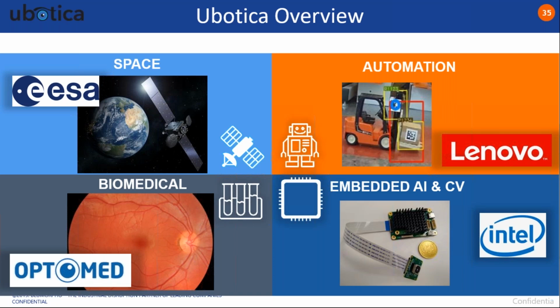We're involved in a number of missions. One is for Earth observation, where we're processing images taken of the Earth from satellites, and also for navigation applications, for moon landings, and also for object retrieval.